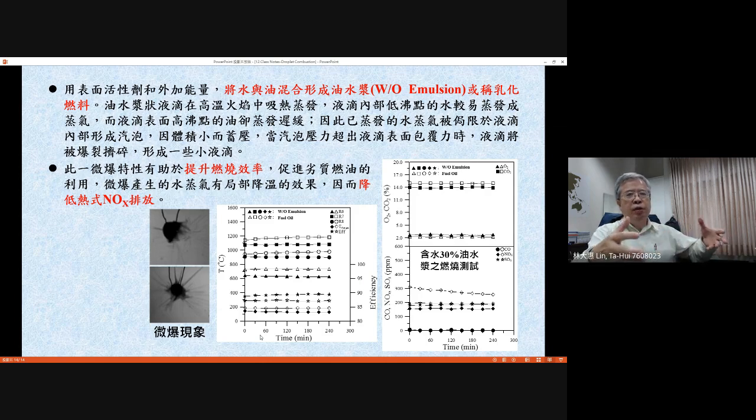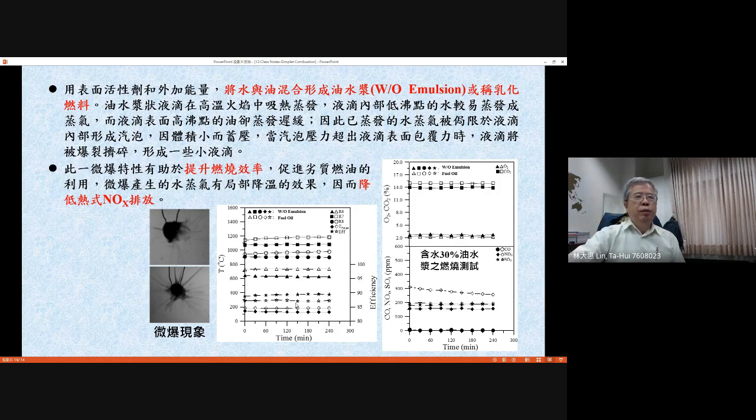Actually, the furnace is initially cold. We need to use diesel oil to preheat it to a certain temperature. Once it is steady, we apply our test fuel into the furnace. That means after preheating, we start from 0, then we have 4 hours of steady burning to see the temperature distribution, the temperature variation in the furnace.